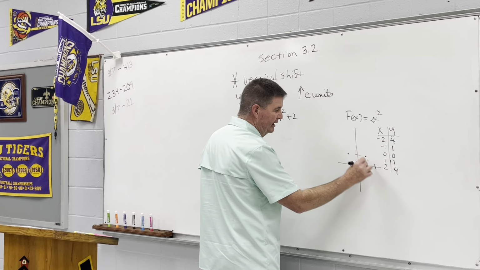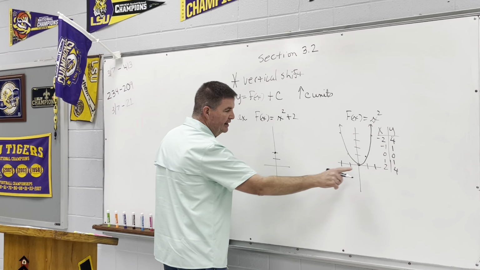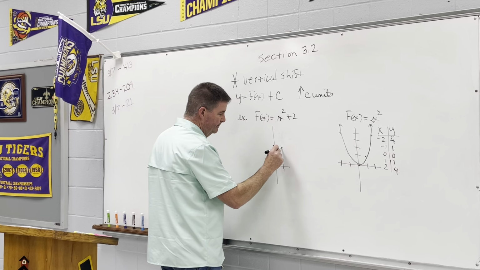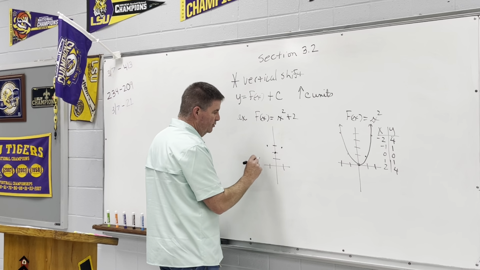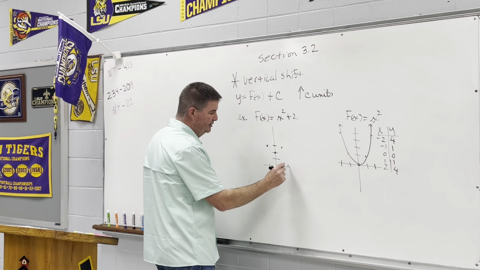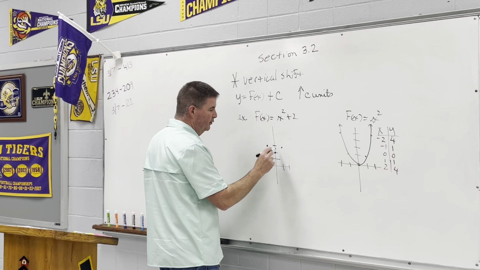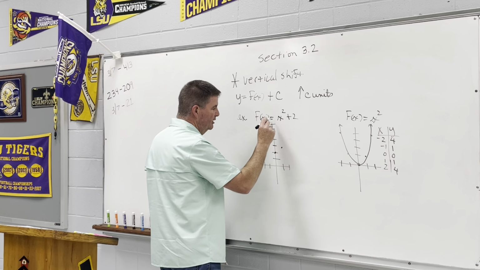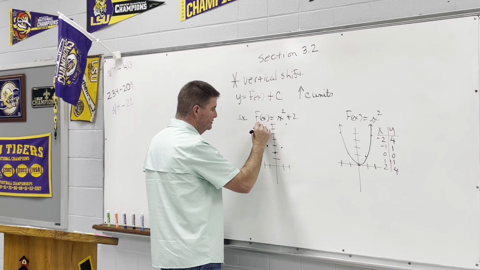Well, if we're going to do a vertical shift, this would take that function and move it up 2 units, so that the origin would move up 2 units. The point 1, 1 would move up 2 units. -1, 1 would move up 2 units, and 2, 4 and -2, 4 would move up 2 units also.